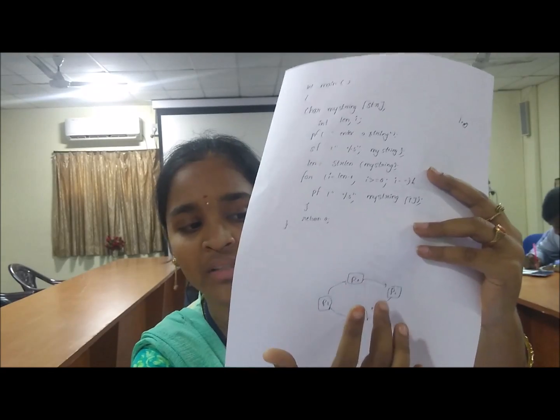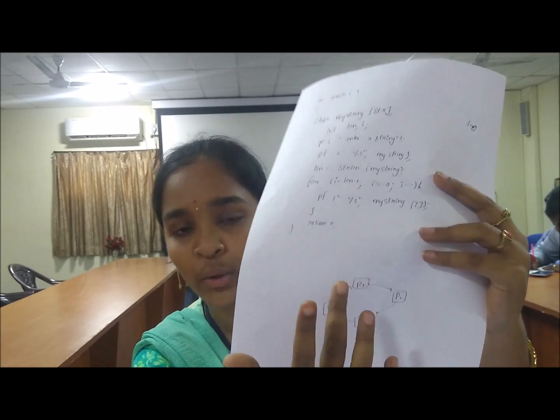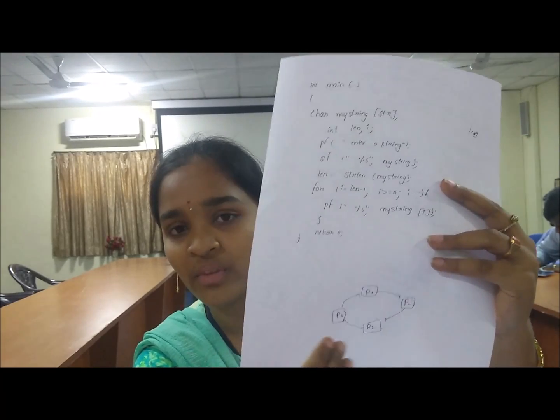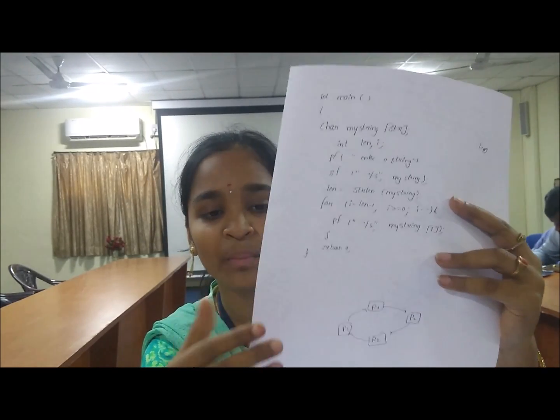Similarly, P2 holds R1 resource and waits for R2 resource. This is a circular wait. So prevention of deadlock is to avoid circular waits. So how do we do that? We should avoid circular wait so that deadlock can be prevented. That's good. Okay. Thank you, sir.